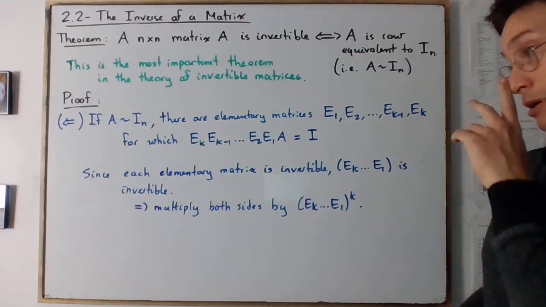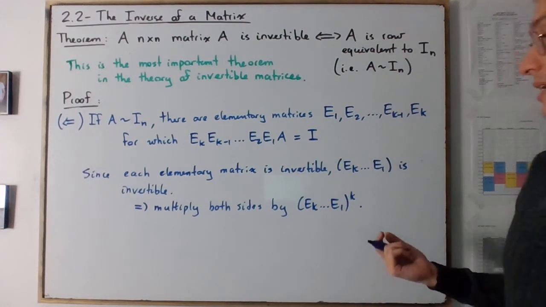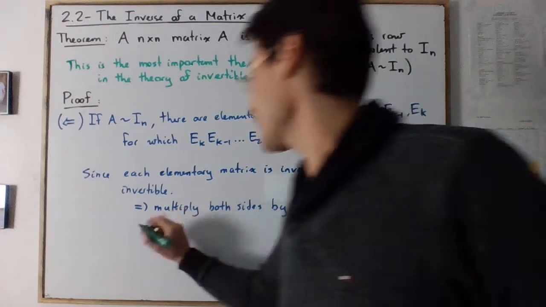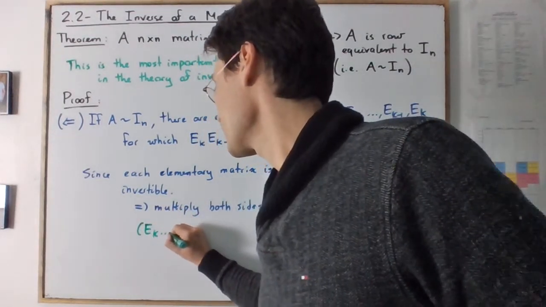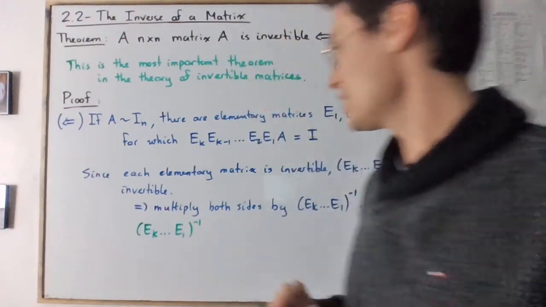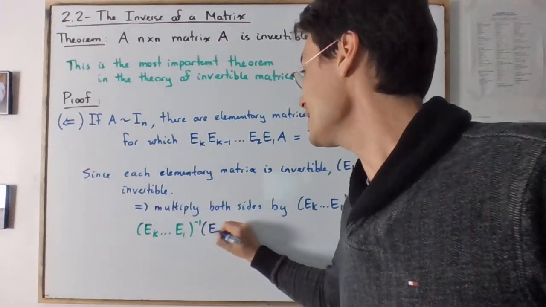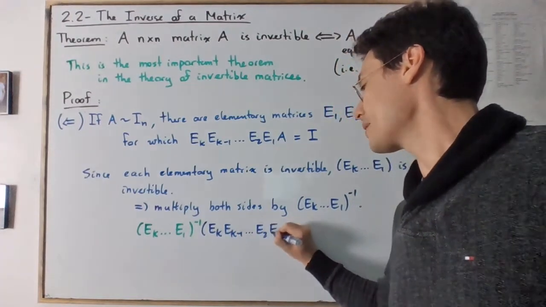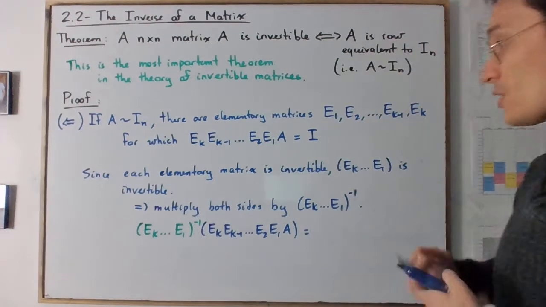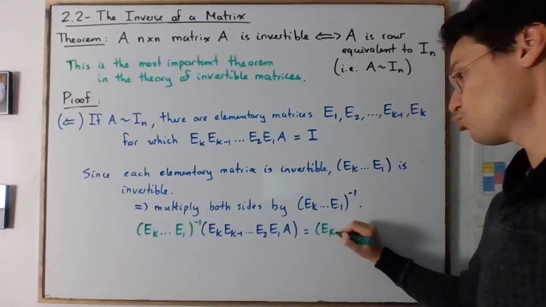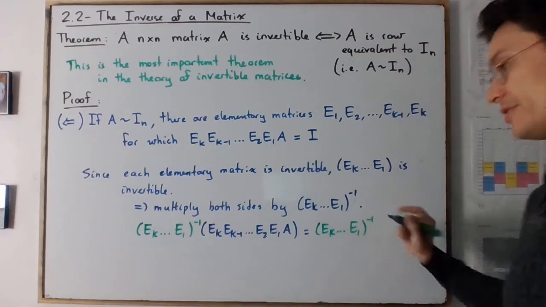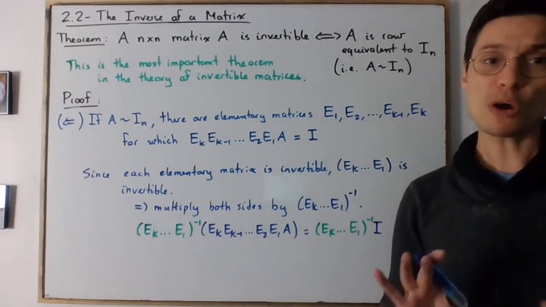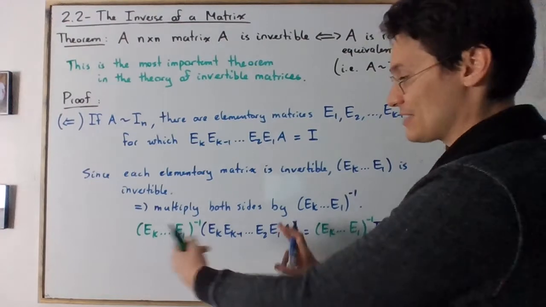So what will happen then? We will have the inverse of E_k down to E1, times E_k, E_{k-1}, E2, E1, A, is equal to the inverse of E_k down to E1 times the matrix I. And I'm going to go slightly faster because you can do this by associativity.